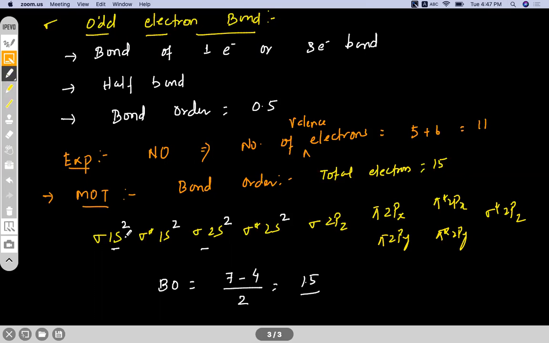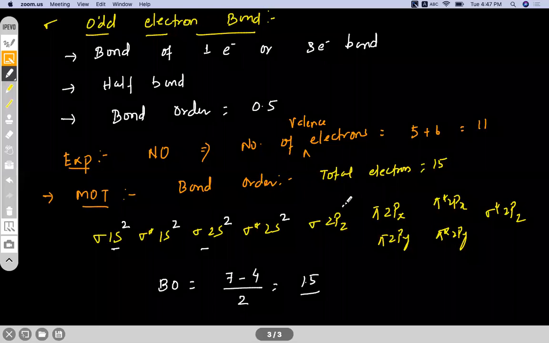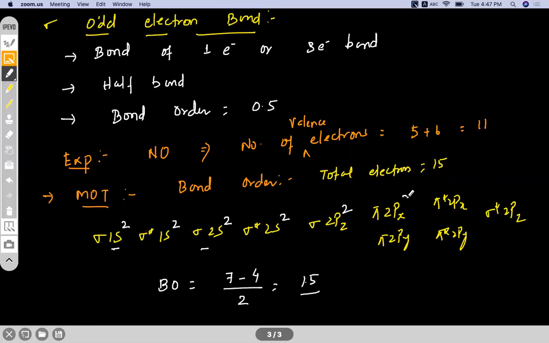So here we have 2, 4, 6, 8, 10, 11, 12, 13, 14, and 15. Based on this, if you count the total number of electrons, not the valence electrons: 2, 4, 6, plus 4, 10, minus 2, plus 2, 4, plus 1, 5, divided by 2, that is 2.5 we are getting.